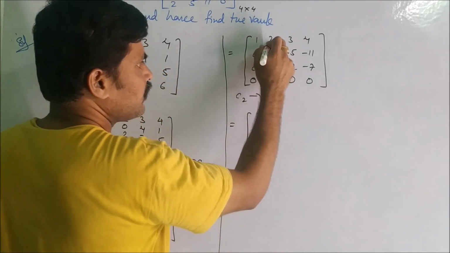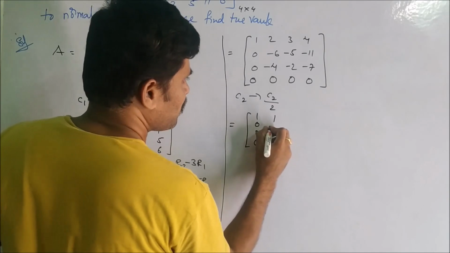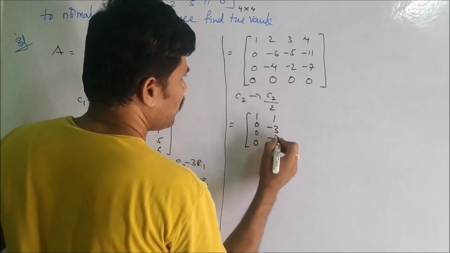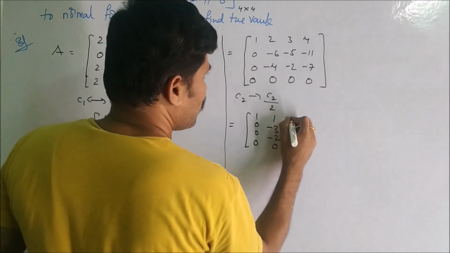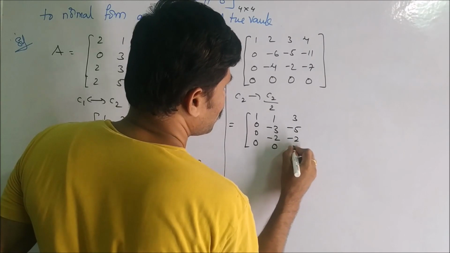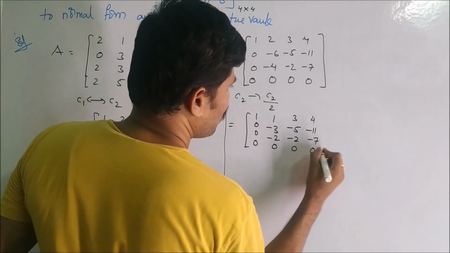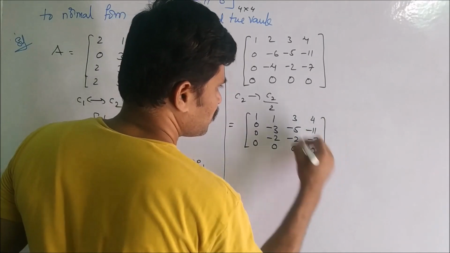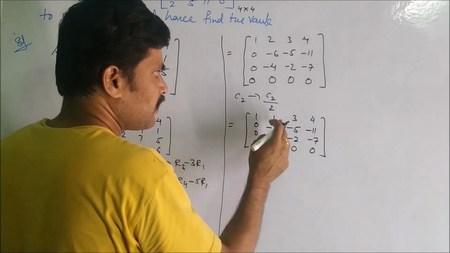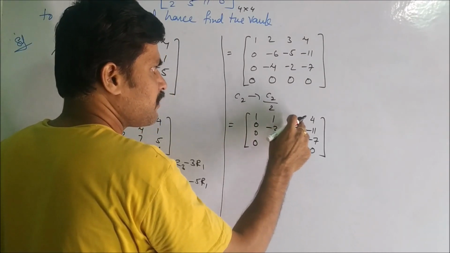In the second column, 2 by 2 is 1, minus 6 by 2 is minus 3, minus 4 by 2 is minus 2, 0 by 2 is 0. The third column is the same: 3, minus 5, minus 2, 0. The fourth column is also the same: 4, minus 7, 0.